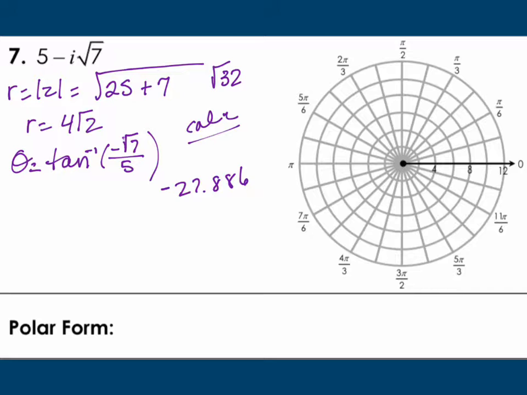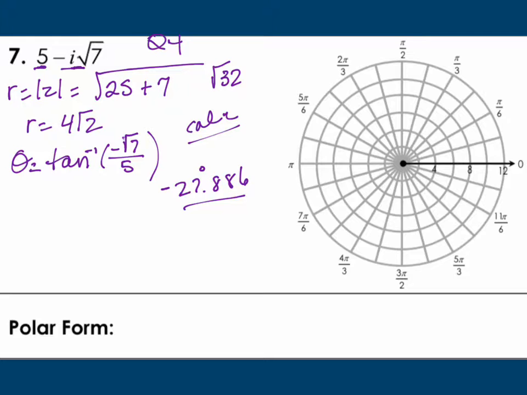Now, this is positive in the front and negative on the back, so this is quadrant 4. This could very well be in quadrant 4 if you're going backwards.